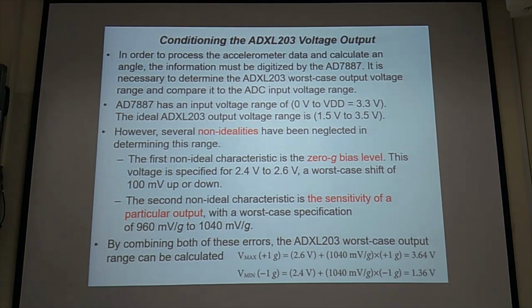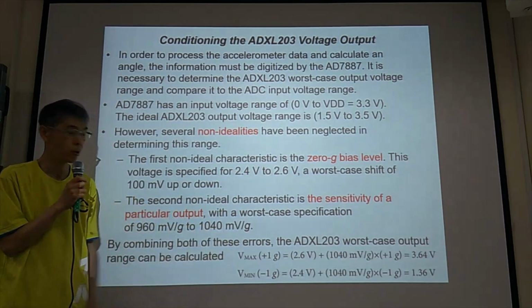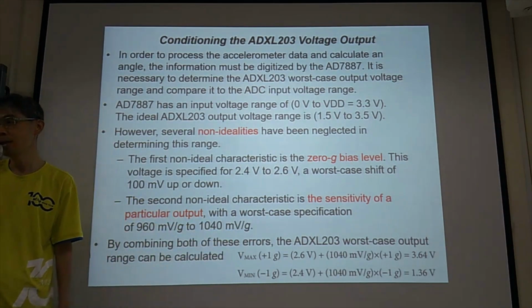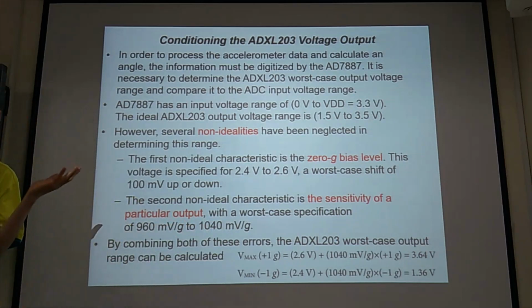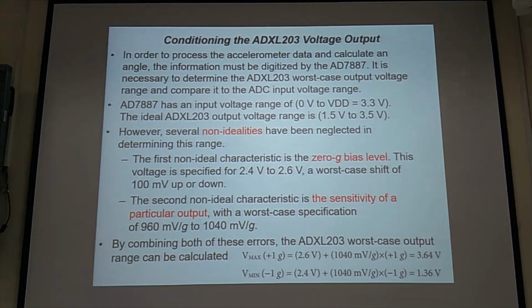Although the perfect world sensitivity is 1000 millivolt per G, it won't be that way. Because of fabrication, the mechanical device, we have geometry, we have dimension problems. You design your device to be 10 micrometers thick, but in reality it might be 9.6 micrometers.